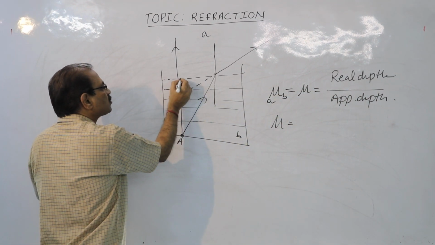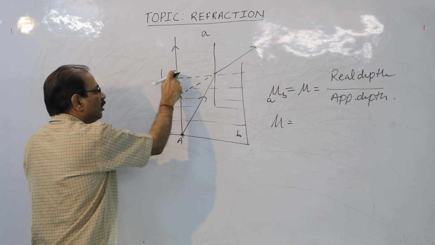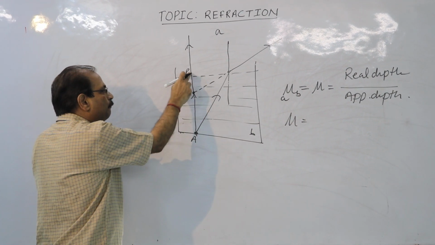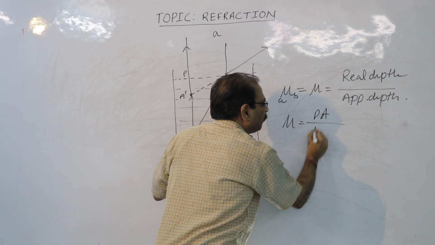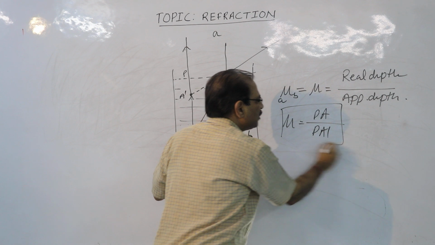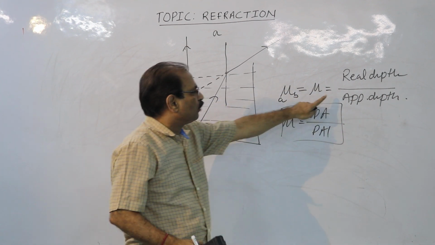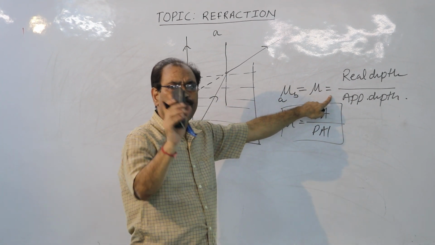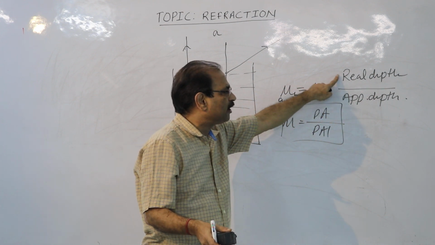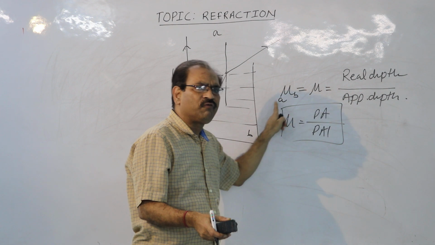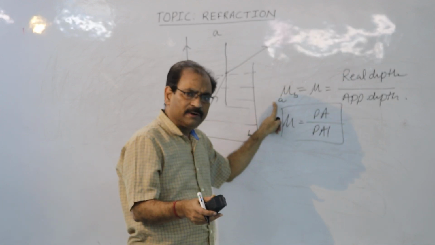Suppose I take this point to be P, real depth is PA, the apparent depth is PA dash. So it could be PA divided by PA dash. A simple proof is there. So remember the formula in this format. This is important from the point of view of numericals. So mu is equal to real depth upon apparent depth. The proof I shall be giving you later on, right?